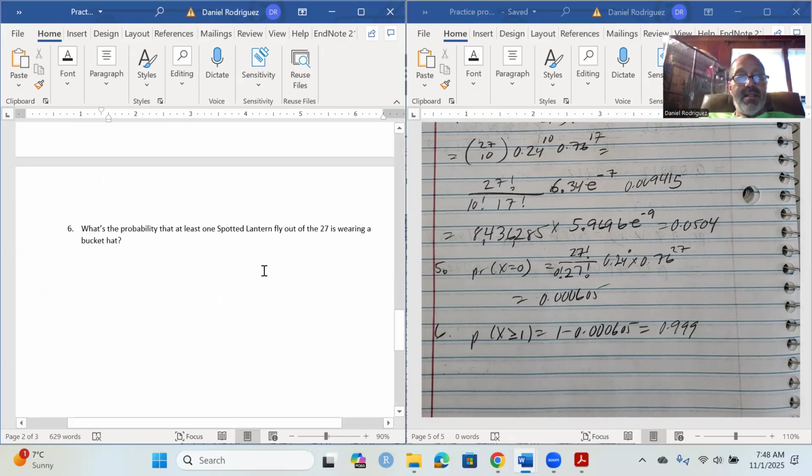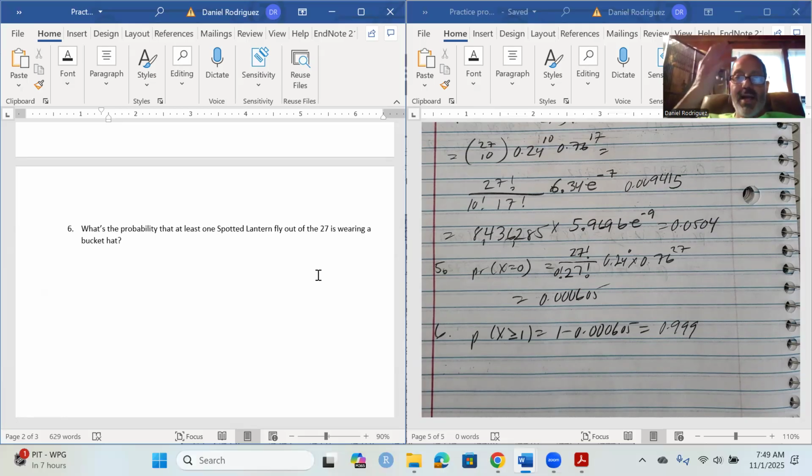Now, this is one that I love doing. What's the probability that at least one spotted lanternfly out of 27 is wearing a bucket hat? The very literal-minded student might go, okay, what's the probability of 1? What's the probability of 2? So you just add the probability of 1 plus the probability of 2 and do all the way to 27. It's a lot of handwriting.